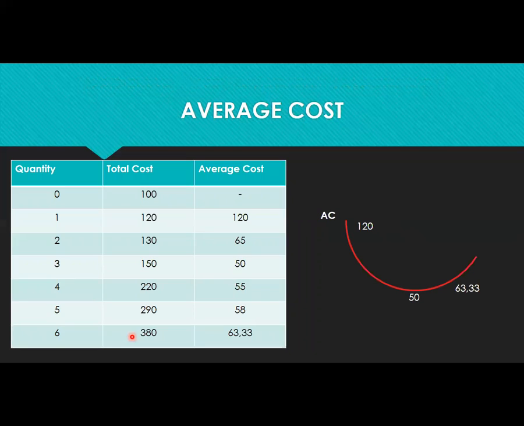Our average cost did not change from that of the perfect market. So we continue on exactly the same. Total cost per quantity, average cost, total cost divided by quantity. Average cost will decrease up to a certain point, and then as you start increasing your variable cost, or you have to increase your fixed capital or your laborers, you are going to start increasing your cost per unit again.